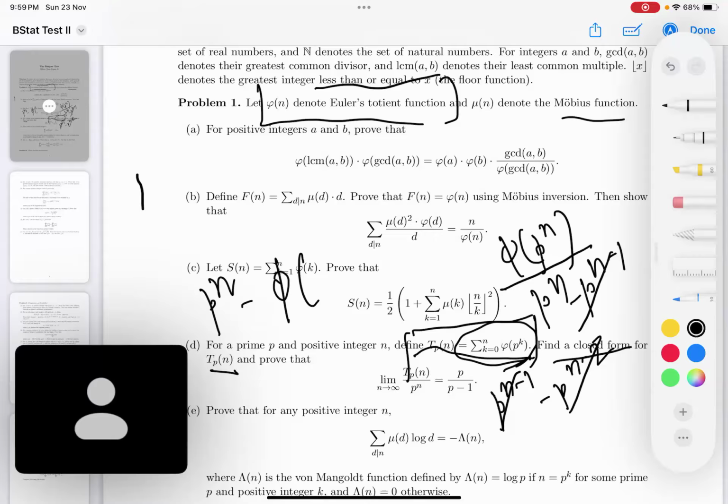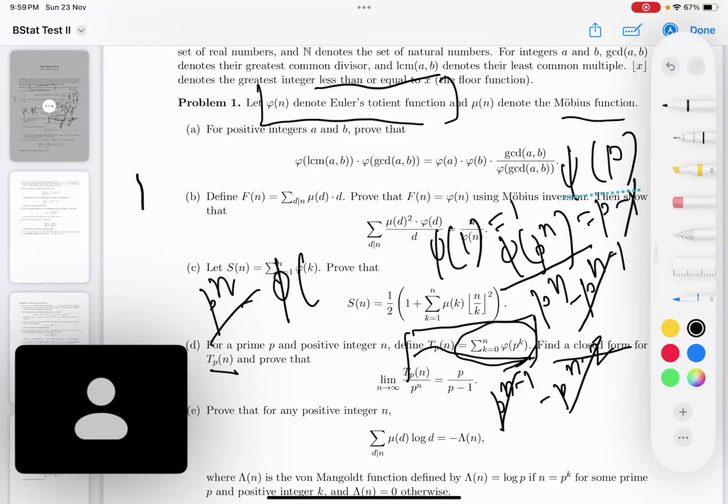Essentially, phi of p will be p minus 1, right? So p and p will cancel. So phi of 1 will be 1. So it will essentially be only 1. Correct. So I think there is probably something wrong here.